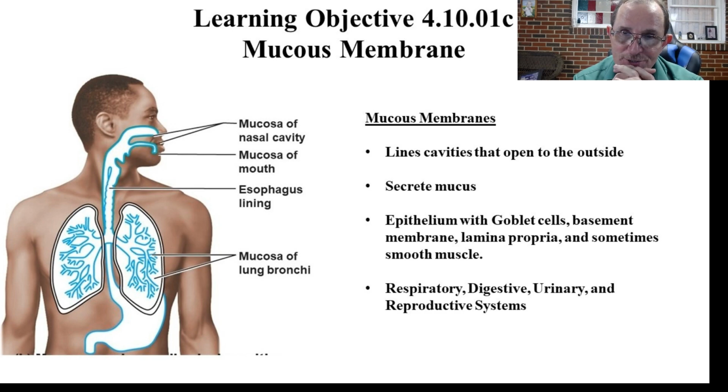We also have those in the GI tract too, the reproductive tract. In the respiratory tract, they're used to trap dust and bacteria to keep them from falling into our lungs, and then we move them out. In the GI tract, they're made to provide lubrication.